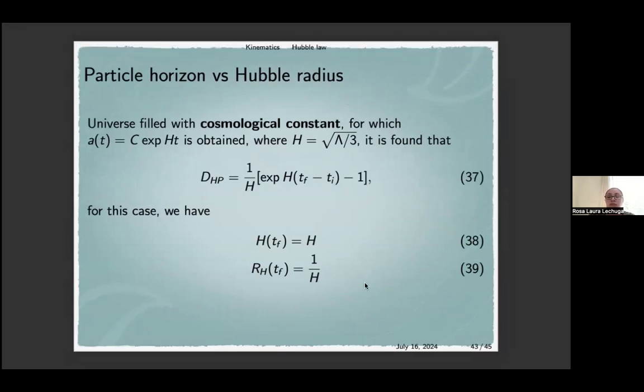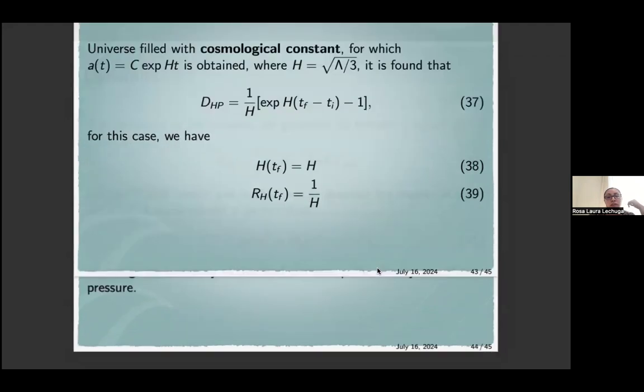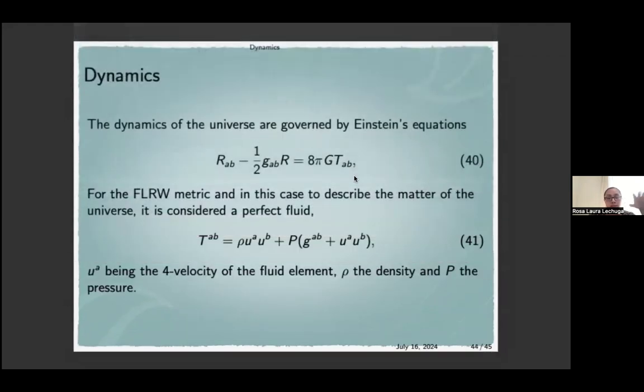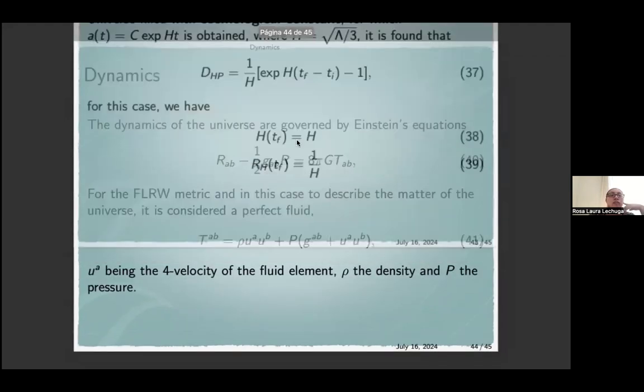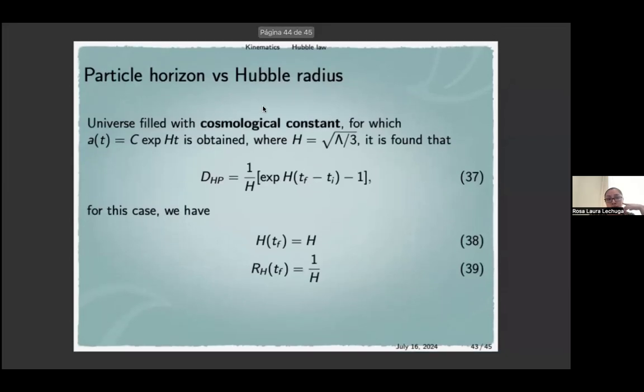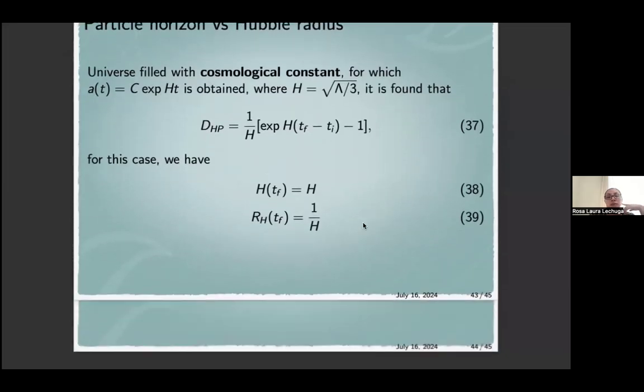And actually this course is about the early universe, and a particular epoch that we're going to study is one in which the matter behaves as a kind of cosmological constant. So it's really important for us to have the distinction between the particle horizon and the Hubble radius.